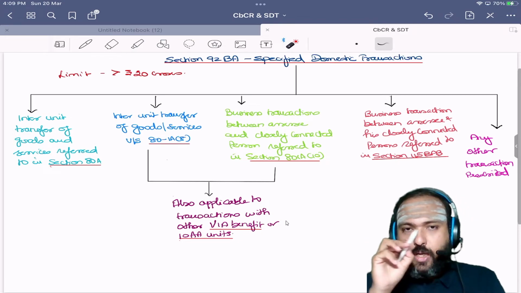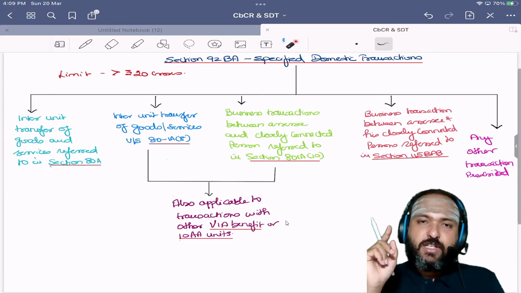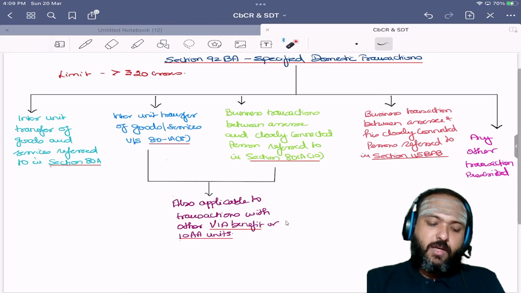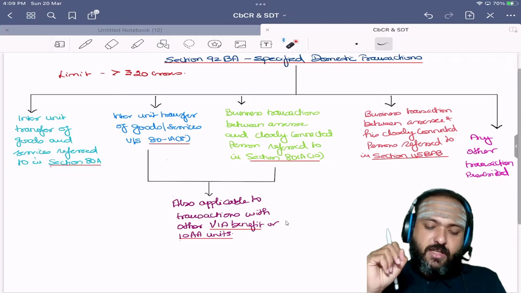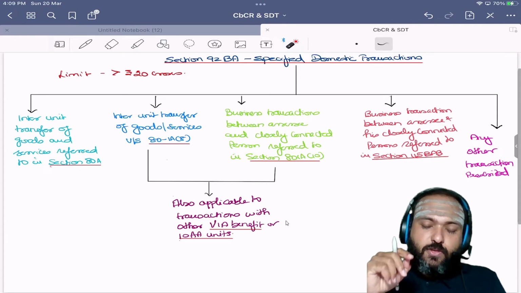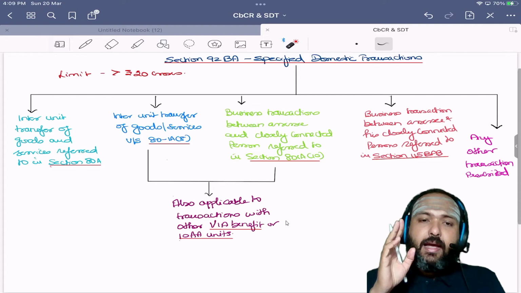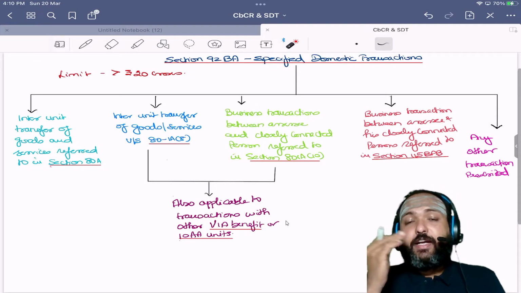They will get scrutinized. They will see why it is transferred at a lower rate, whether the rate at which it is transferred is benchmarkable or not, whether it is at arm's length or not is what will get checked here. Then inter-unit transfer of goods or services under section 80IA. So 80IA is a specific section, for infrastructure business for example, and they are saying that there is an inter-unit transfer.